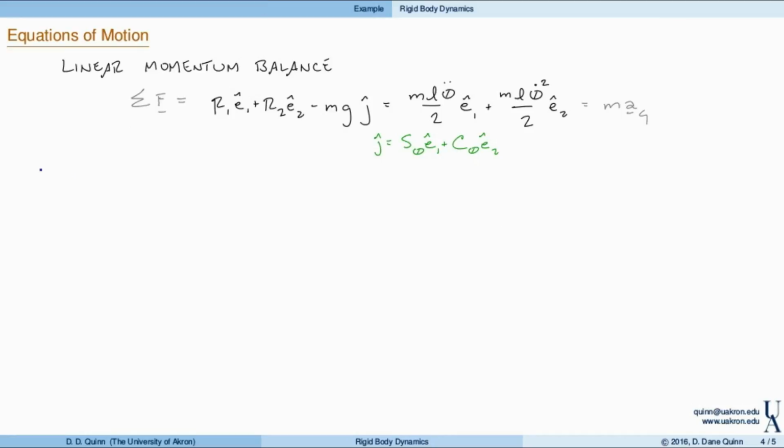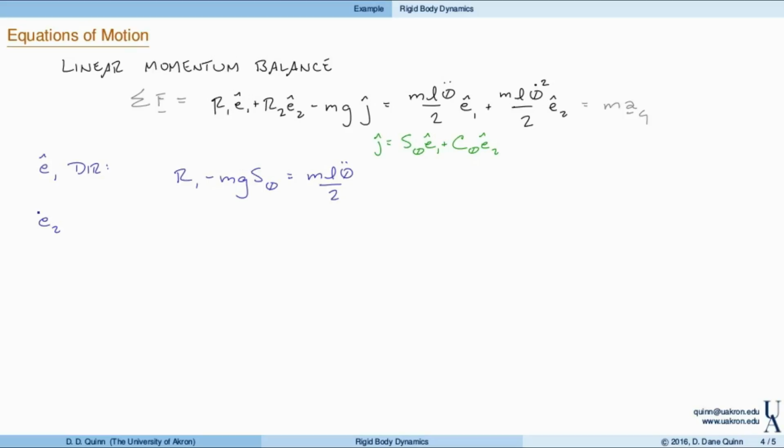And so now, in the E1 direction, we get R1 here, and now we have a term in the E1 direction, minus mg sine theta, equals ml theta double dot over 2.